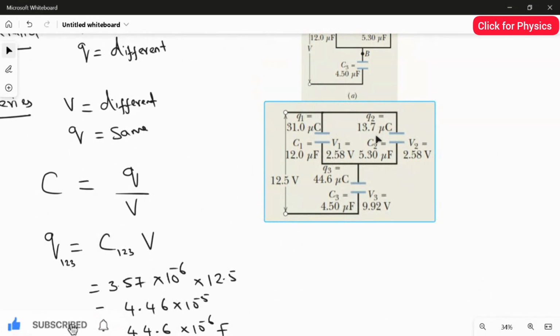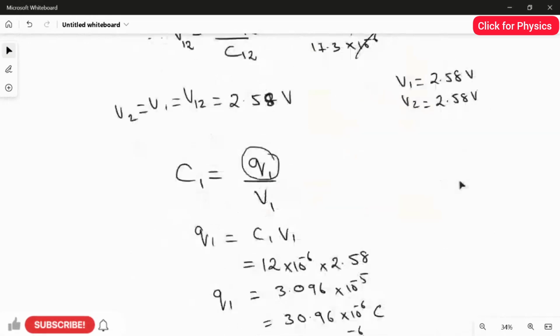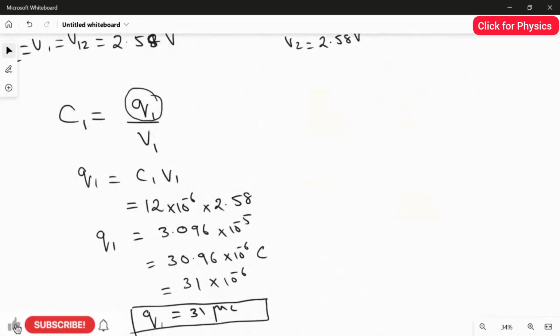Okay, let's try for Q2. In the circuit diagram, they clearly mention the value of Q2 is 13.7. Again, we will try with the same equation, dealing with the same rule. C2 is equal to Q2 over V2, and Q2 is equal to C2 multiplied by V2.